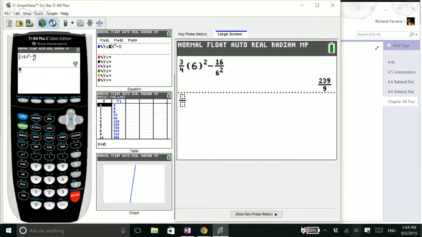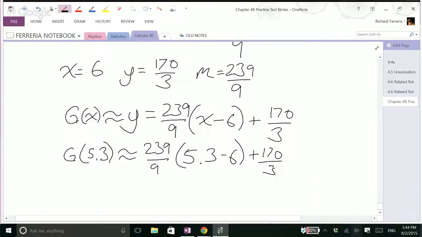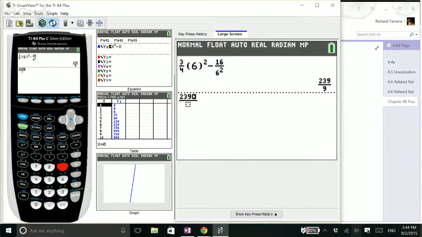What was my slope? 239 over 9? Over 9. 5.3 minus 6.